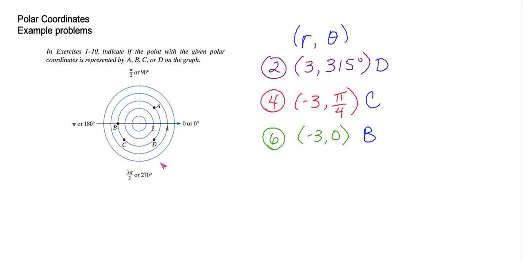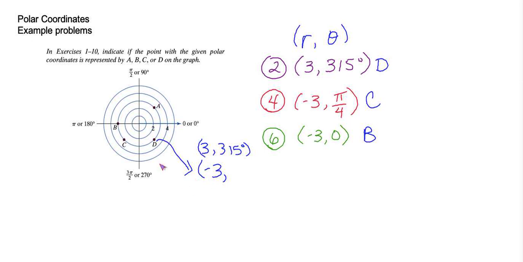Could we rename this with a negative 3? What would the angle measure be if originally it is 315 degrees? If it's negative 3, what would the degree measure be?